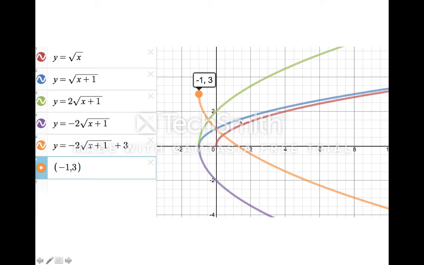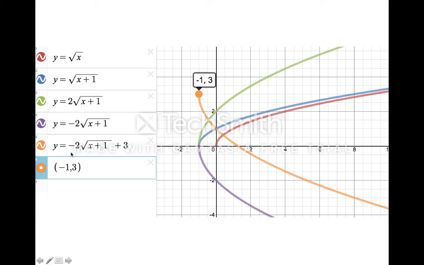This is the blue graph, the square root of x plus 1. Then we're going to evaluate what happens when you multiply by 2. That transformation is the vertical compression. So this blue graph gets compressed vertically and becomes steeper. That's the green graph.